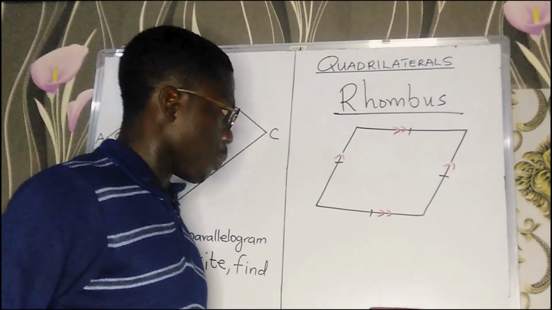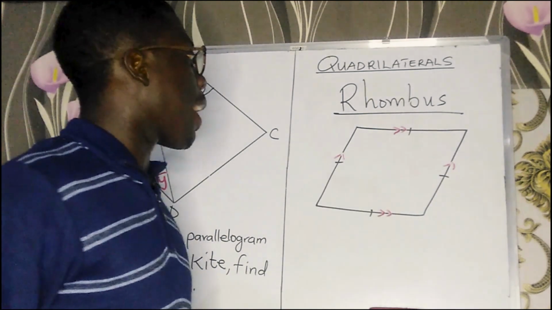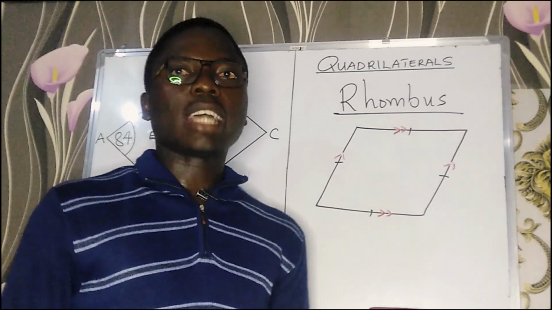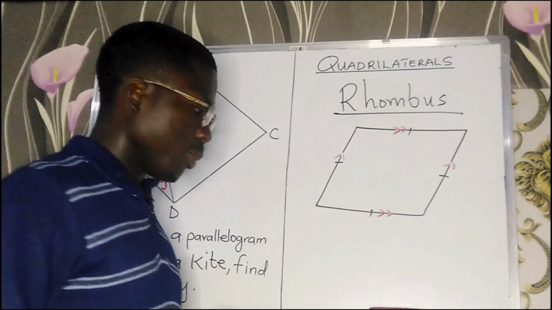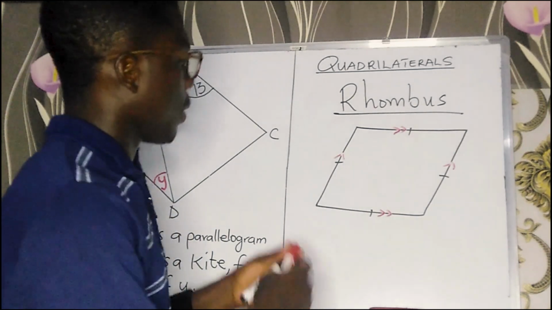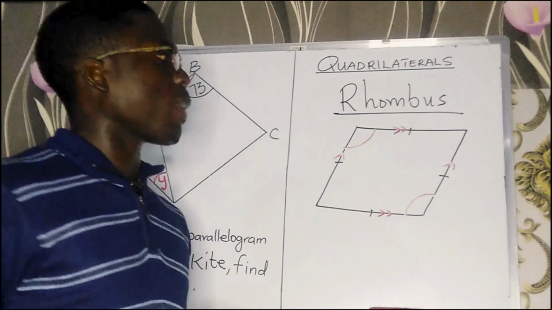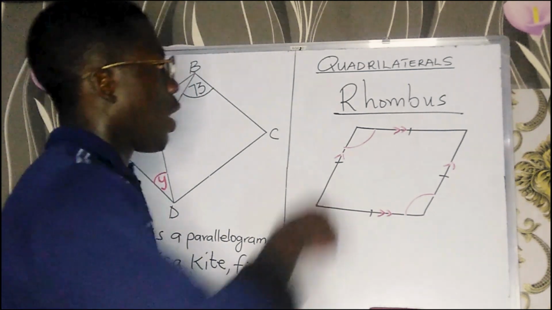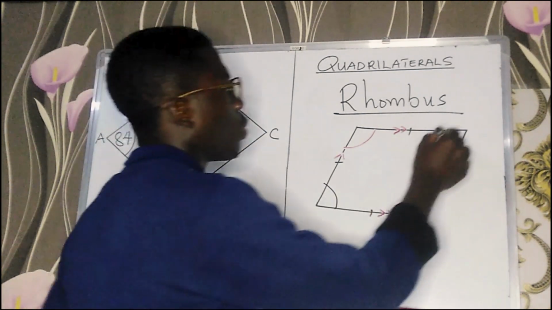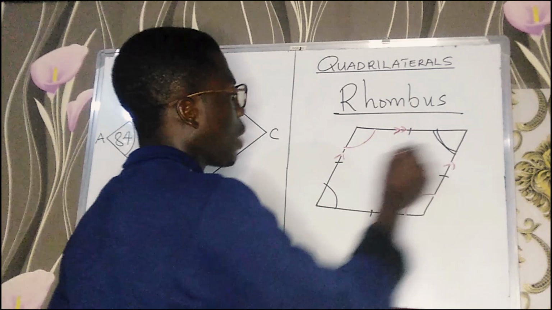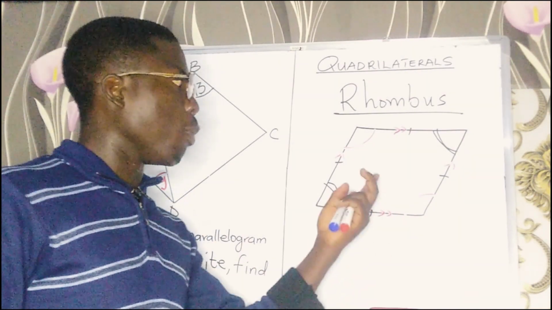Good. And so the third property is that opposite angles are equal. We have this angle here equal to this particular angle. A rhombus has opposite angles equal, and so this angle also is equal to this particular angle. That is another property of a rhombus.